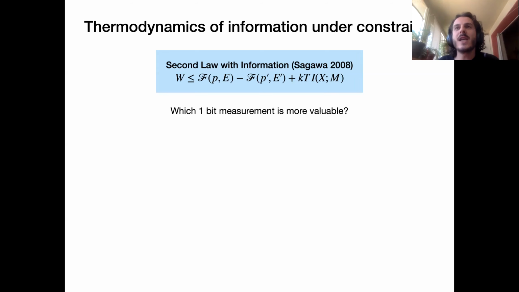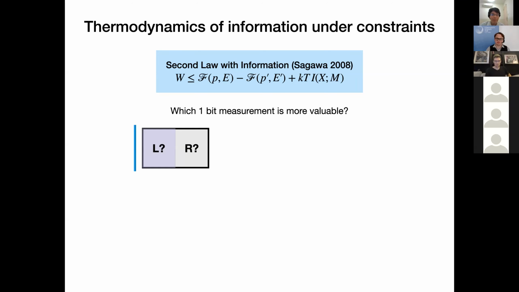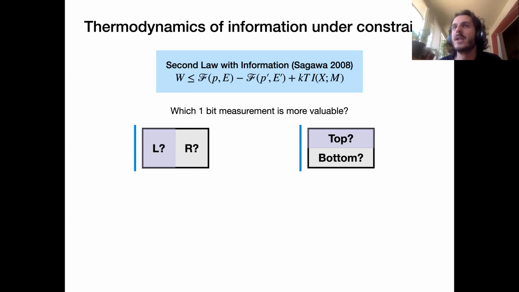So for example, if I ask which one-bit measurement is more valuable to somebody who can move around a vertical position: measuring left or right, or measuring top or down, which half of the box the particle is in. The bound shown at the top of the slide says that in principle, both of these can increase the amount of work you can extract by KT log 2.